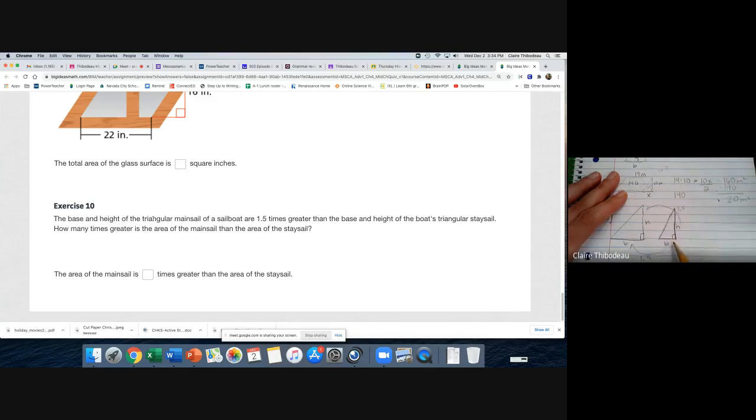So let's say that the small triangle, let's say that my base is worth 3 and my height is worth 5. So what we're going to do is figure out the area of the first one, and then multiply those by 1.5 and figure out the area of the second one. And then we'll see what the correlation or relationship is.